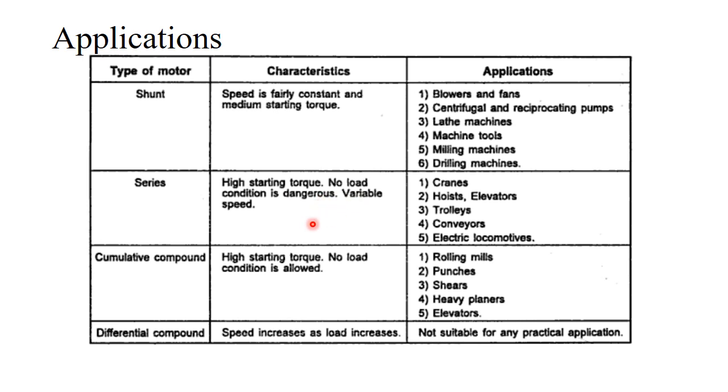It can operate at variable speed. Then the DC cumulative compound motor has high starting torque, and the no load condition is allowed because of the controlling nature. In the differentially compound DC motor, the speed increases as the load increases. These are the inferences from the graphs we have discussed earlier.